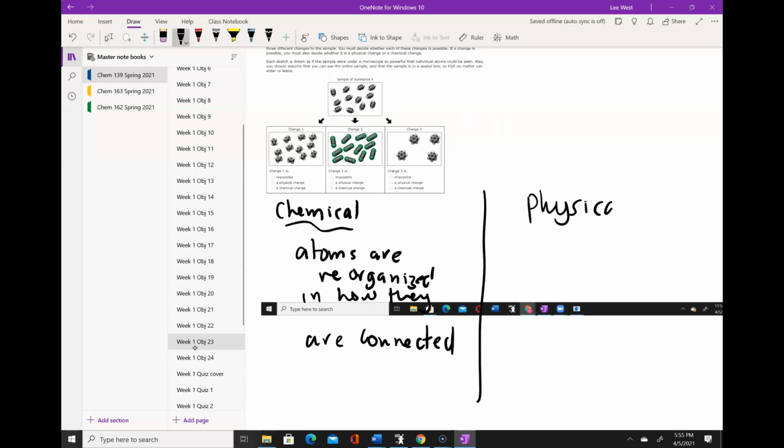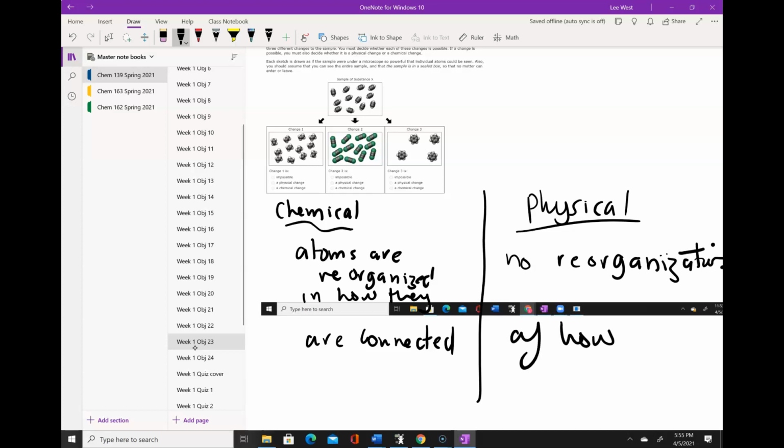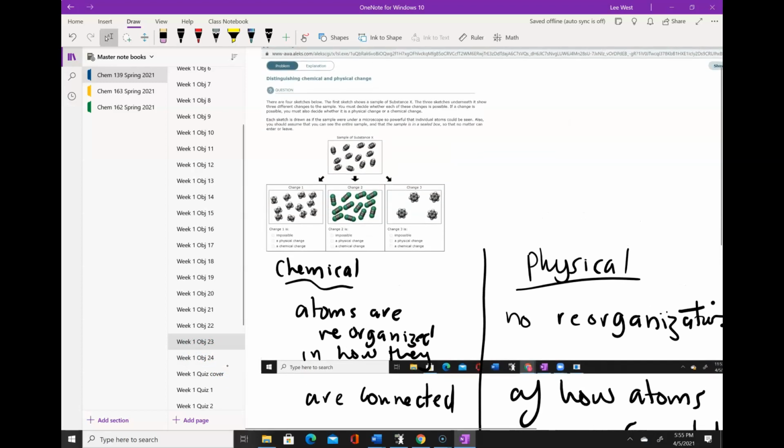In a physical change, no reorganization of how atoms are connected. Now, an important property of any change, whether it's physical or chemical, is that atoms are not transformed.